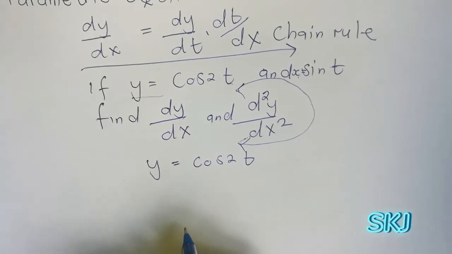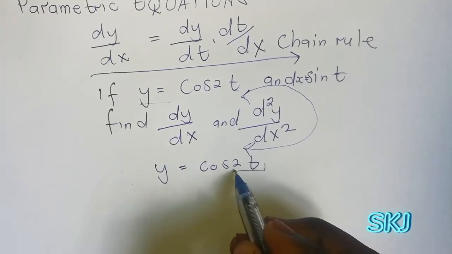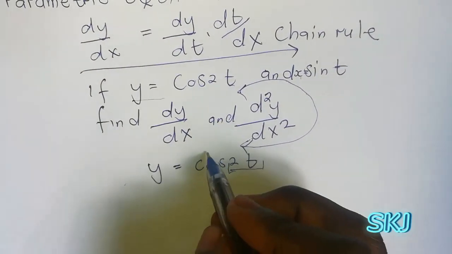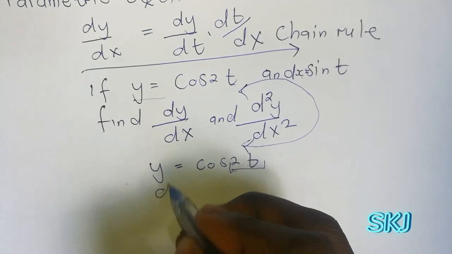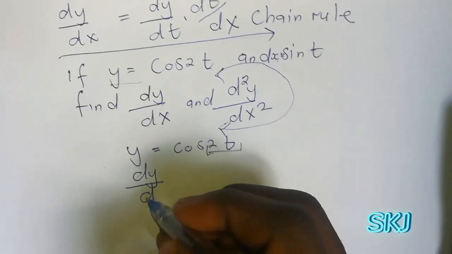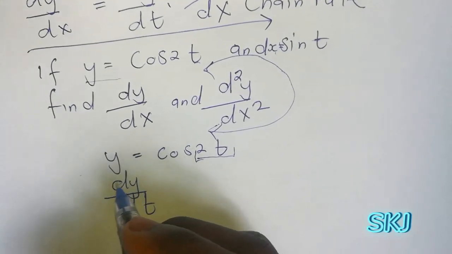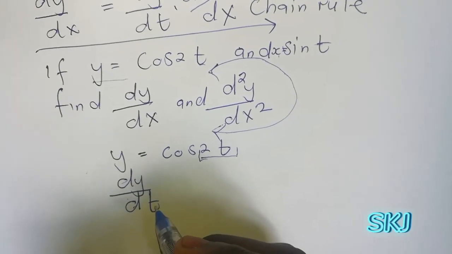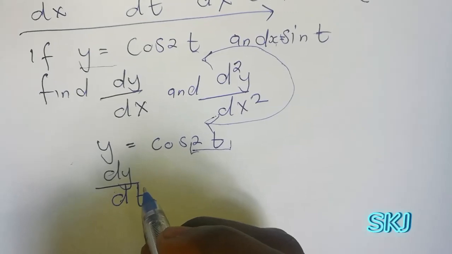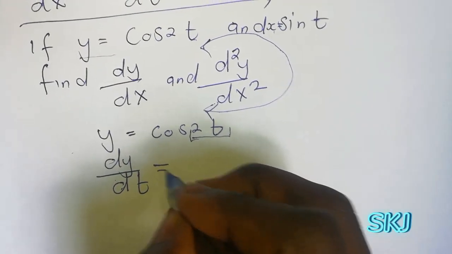To differentiate this, you first differentiate the inner part. I'm differentiating in terms of t, so it is dy/dt. Some confuse it and say dy/dx. No, it is dy/dt, simply because I'm differentiating in terms of t.